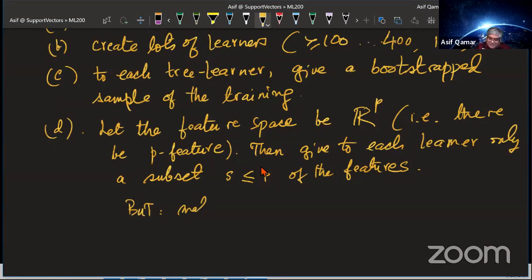math says, and I won't go into the math. There's a whole random projection theorem. But I'll just leave it as a more intuitive word.